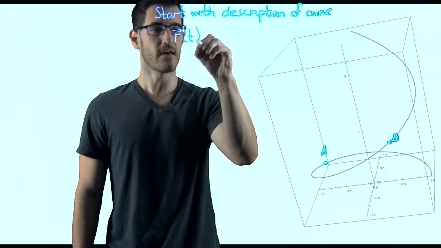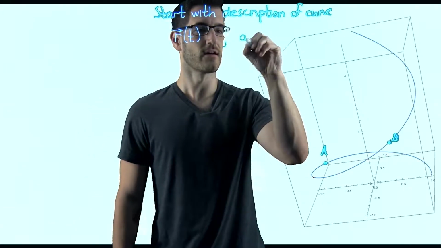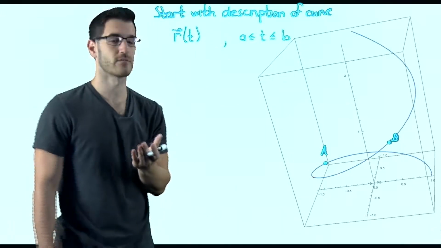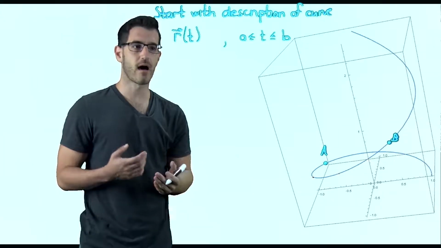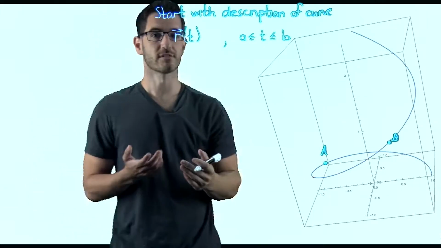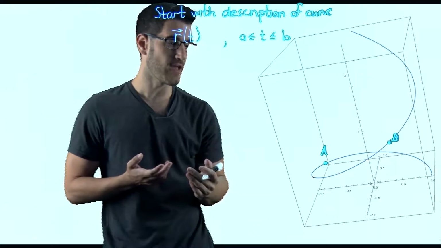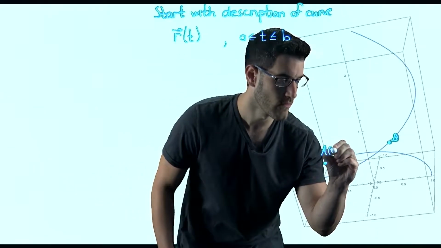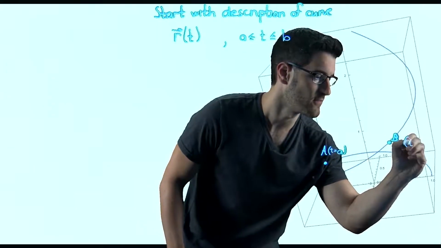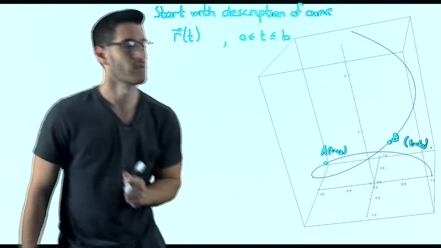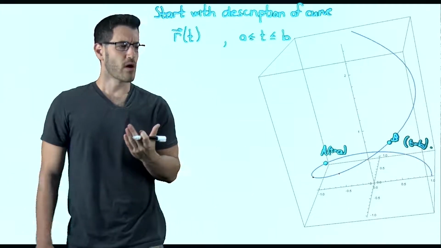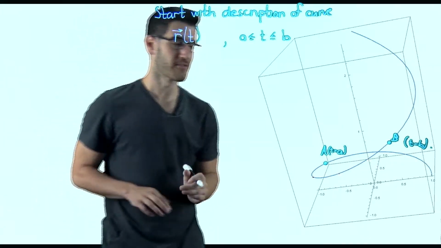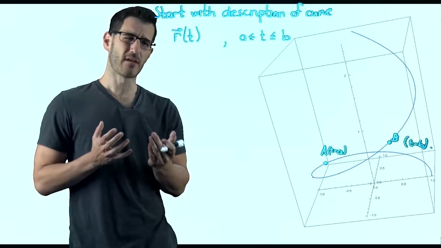This will maybe be given, maybe you have to figure it out, but we really want to describe this curve in terms of a vector-valued function, and we have to tell you then what value of our parameter t corresponds to point capital A and point capital B. So this will be when t is equal to little a, and this will be when t is equal to little b. And so we have to work with that parameterization, whether we want to or not. So how do we go about doing that?